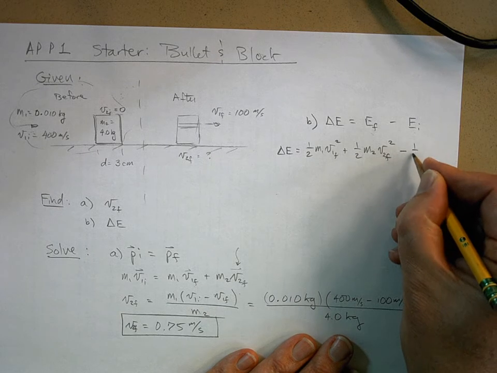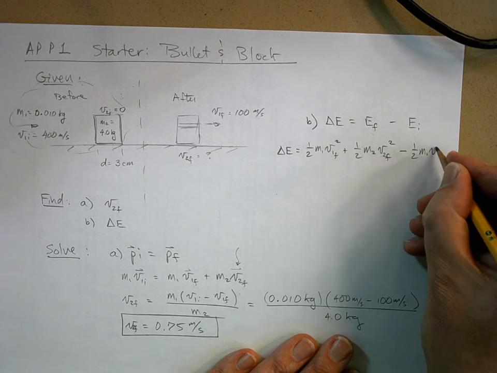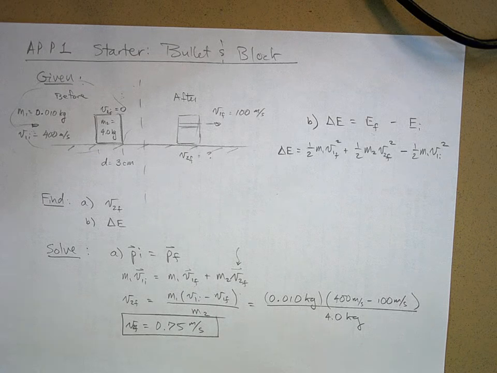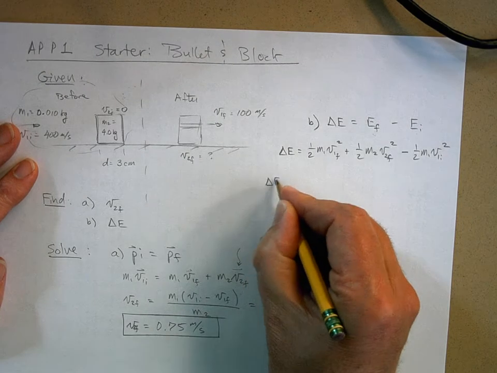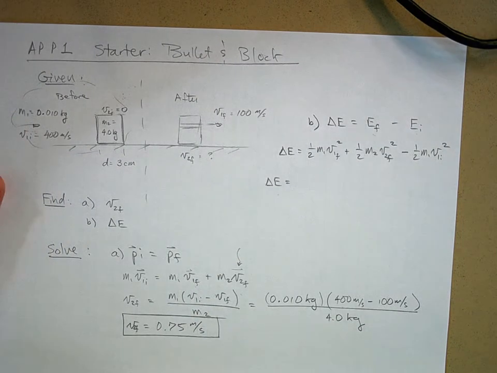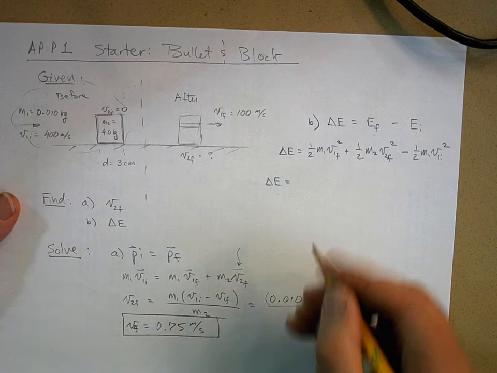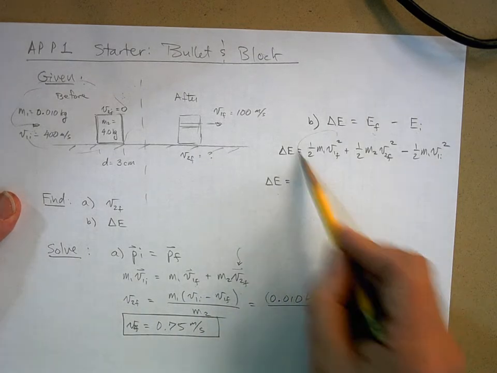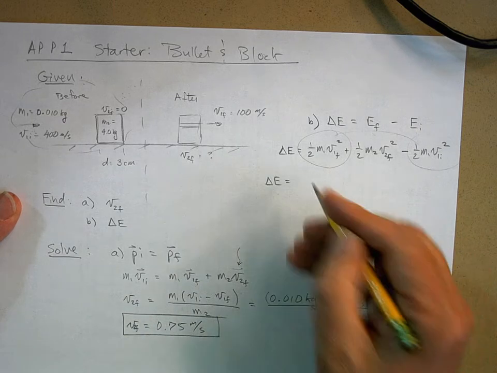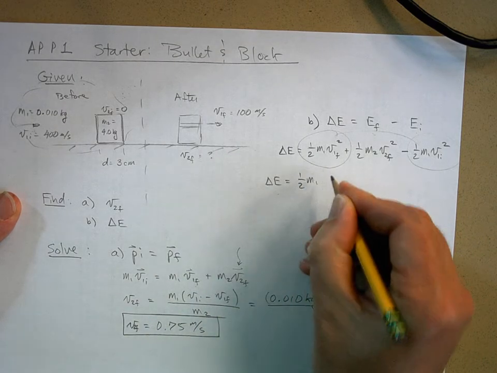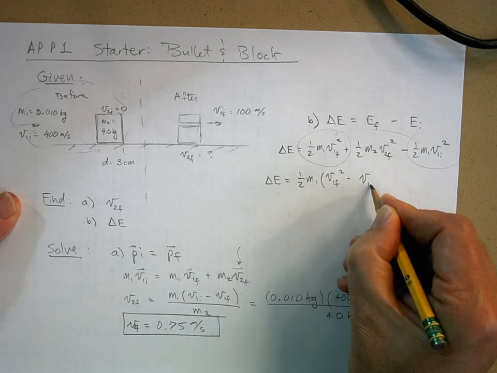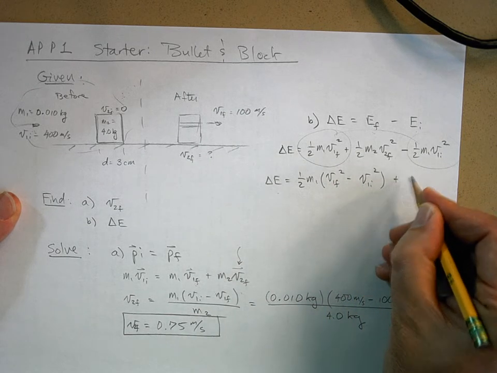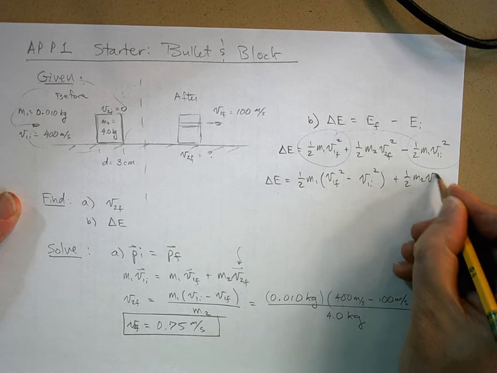And so this is going to be 1/2 M1 V1 initial squared. So delta E is going to be equal to, I'm just going to combine these two, 1/2 m1 times (v1 final squared minus v1 initial squared), plus 1/2 m2 v2 final squared.